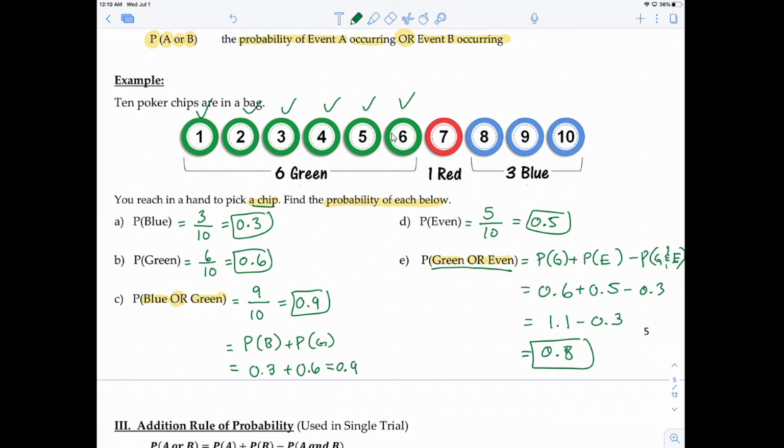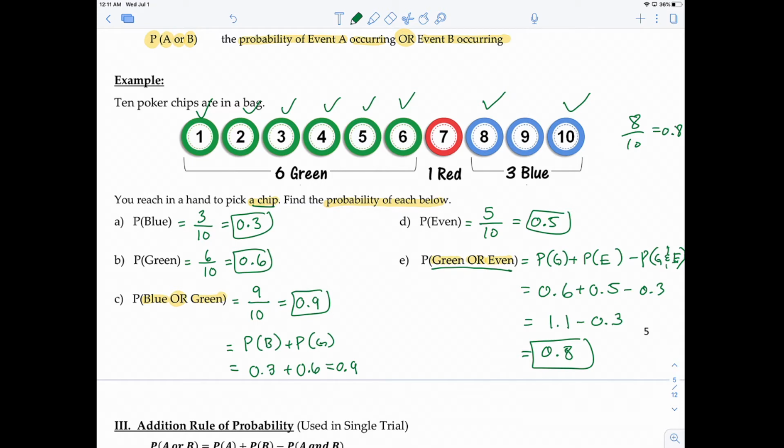Same thing with 6. And now just count the ones that you haven't counted, which are even: 8 and 10. So if you just do that and not double count, you have 1, 2, 3, 4, 5, 6, 7, 8. So that's going to be 8 over 10, which is equal to 0.8.